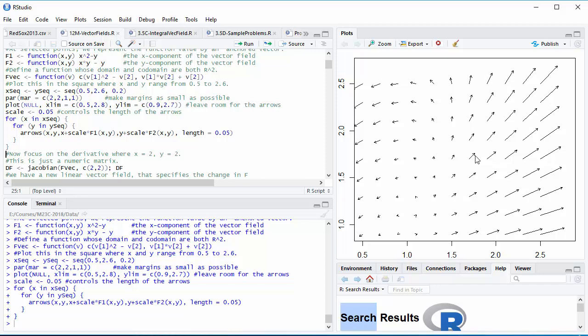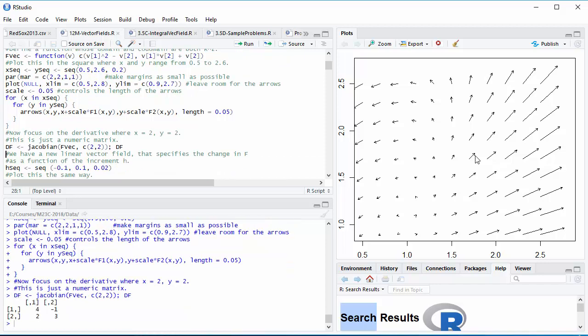Now what we're going to do is look at the derivative of this vector field, and thanks to the library I installed, I just have to call a function Jacobian, and I immediately get the Jacobian of the vector field at x equals 2, y equals 2.